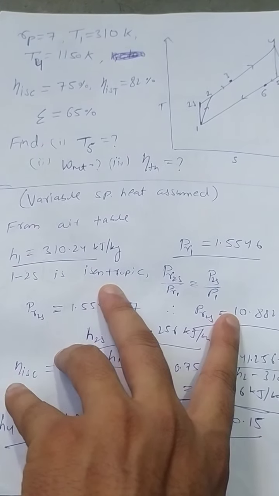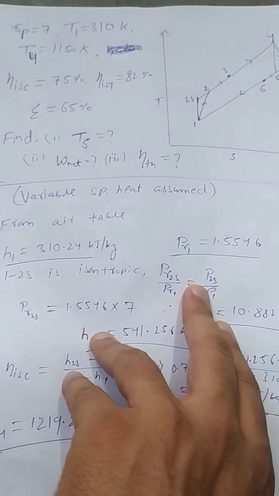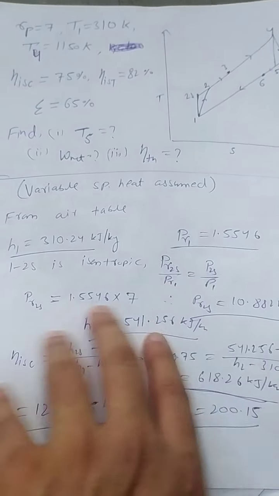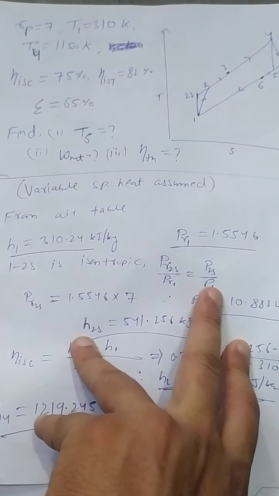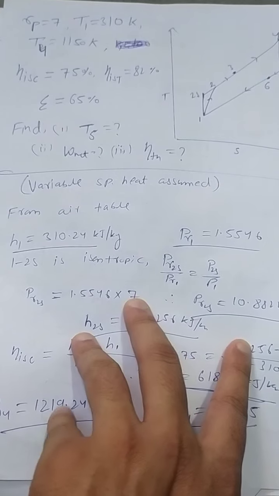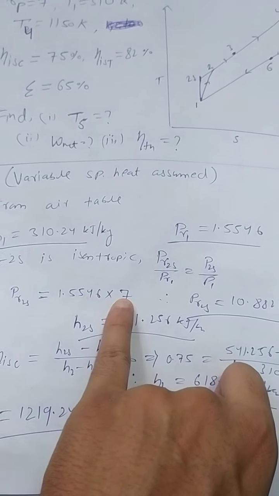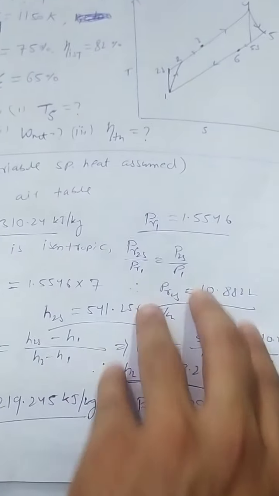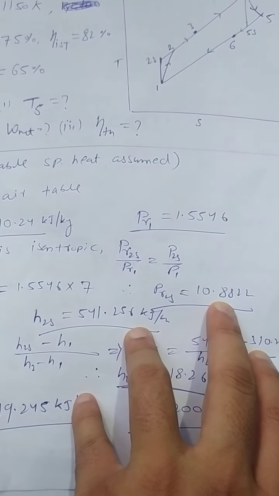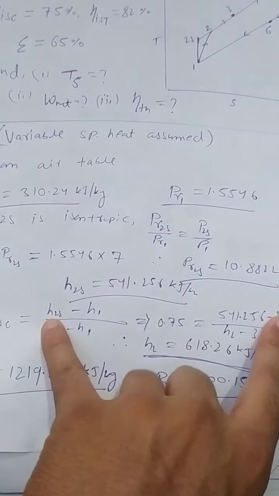Now 1 to 2s is isentropic, so the ratio of relative pressures would be equal to the ratio of actual pressures. So P2s over P1 would be the pressure ratio. So Pr2s would be Pr1 times the pressure ratio. It comes out to be 10.8822.